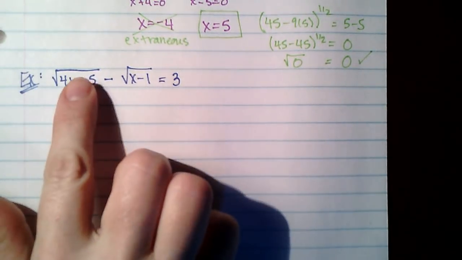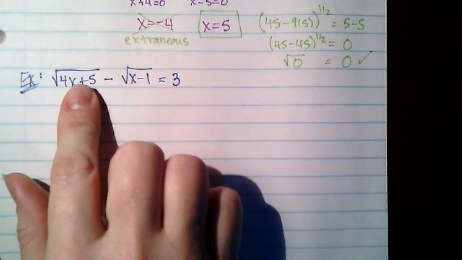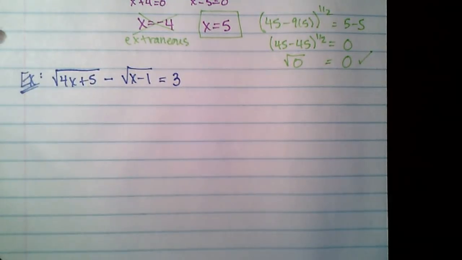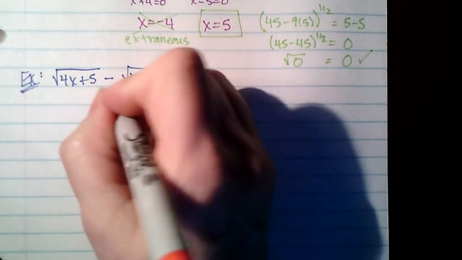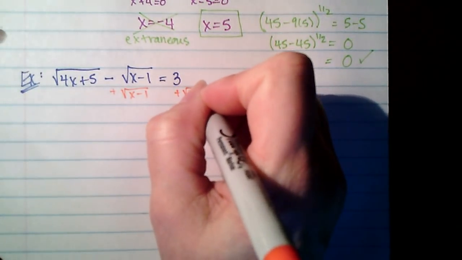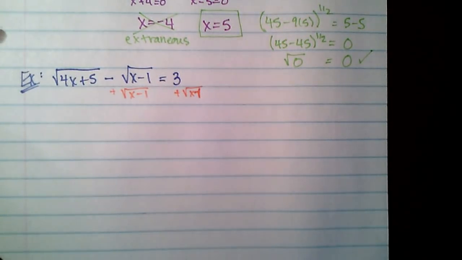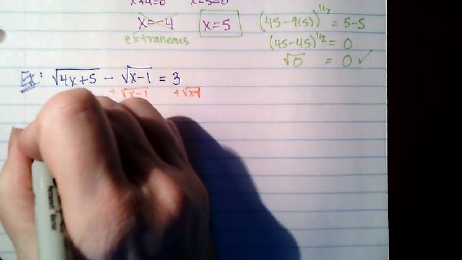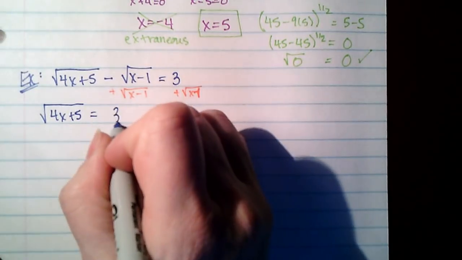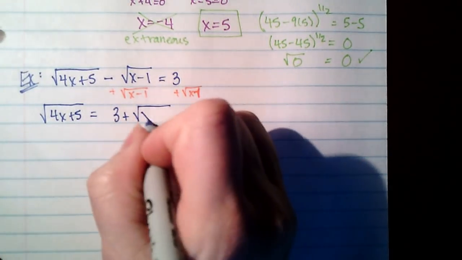So that's what I was talking about. The square root of 4x plus 5 is a more complicated radical than the square root of x minus 1. So we're going to go ahead and move the square root of x minus 1 to the other side. So now we have square root of 4x plus 5 equals 3 plus square root of x minus 1.